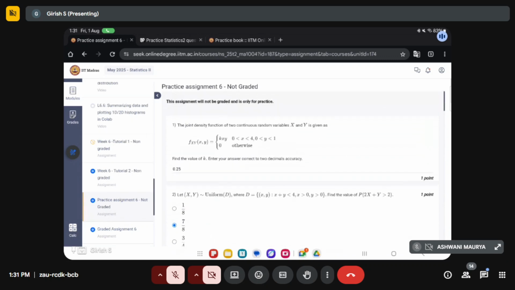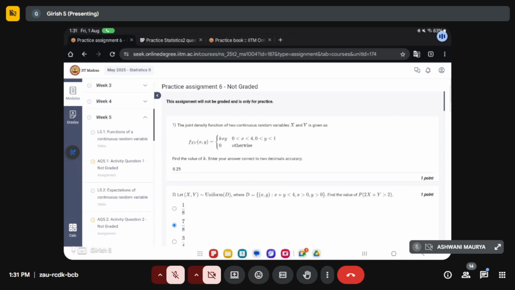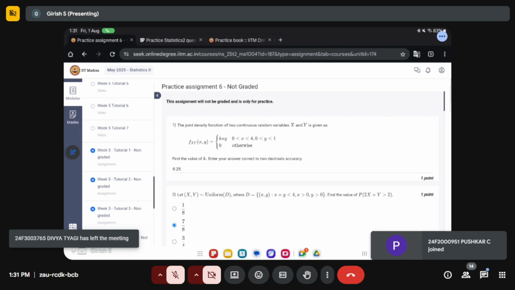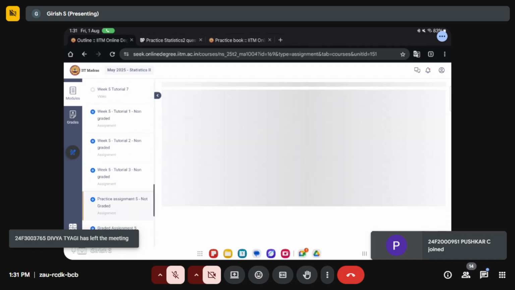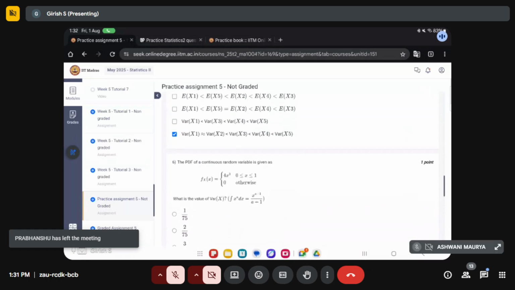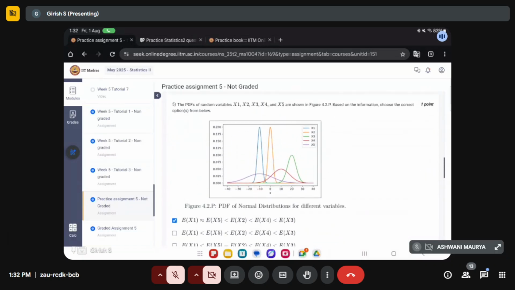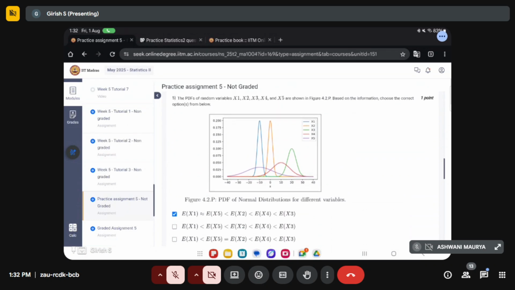Meanwhile, if you want me to solve any questions, do let me know, from week 5, week 6 tutorial, practice assignment, anything. Or do you want me to solve one more paper? You're able to solve these kind of questions, right? Like how to identify this question.